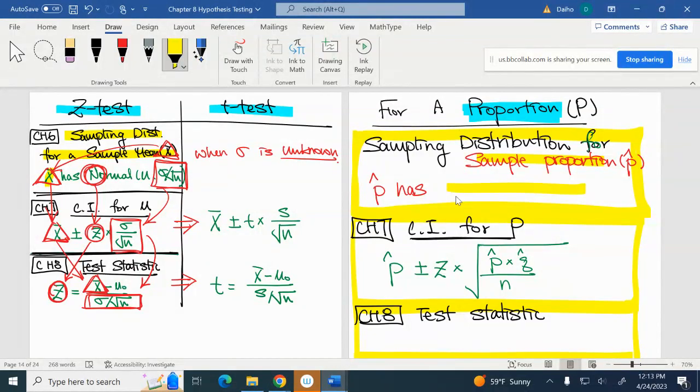Yes, it's the same reason. The normal distribution with a mean and standard deviation. In the normal distribution, the mean was p, and the standard deviation was square root of p q over n.